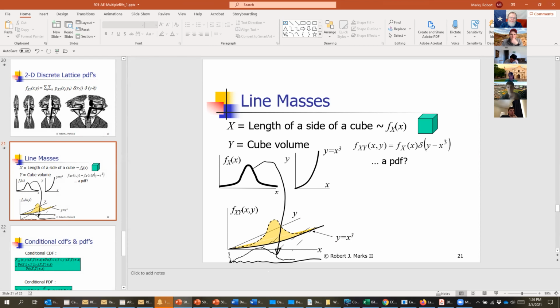If we were to project along this axis, we would get f sub y, or f sub y of y, I guess it would be. If you project on this axis, you get f sub y of y.